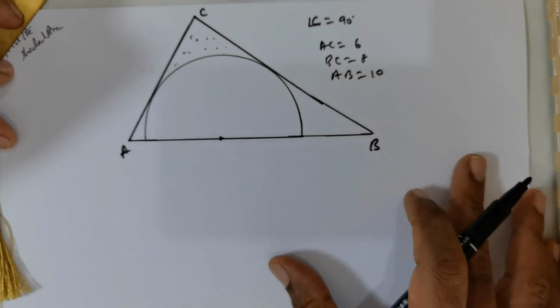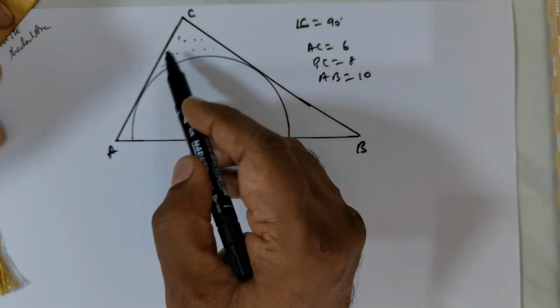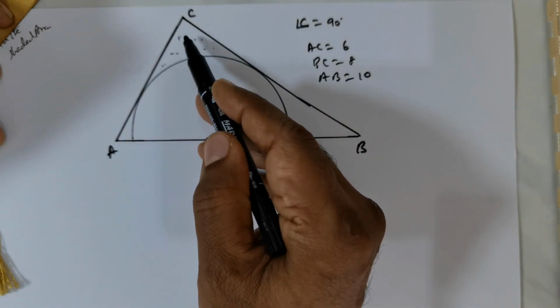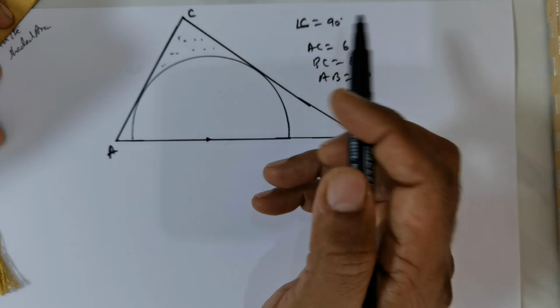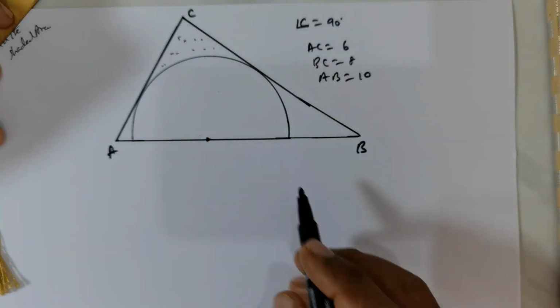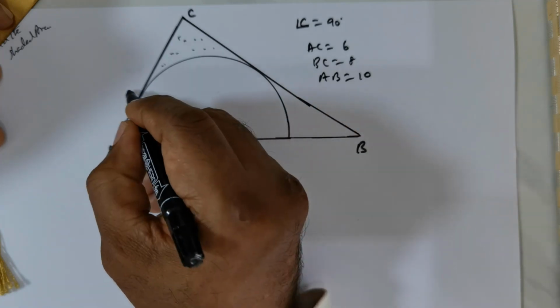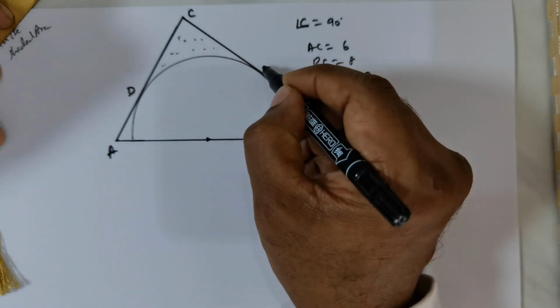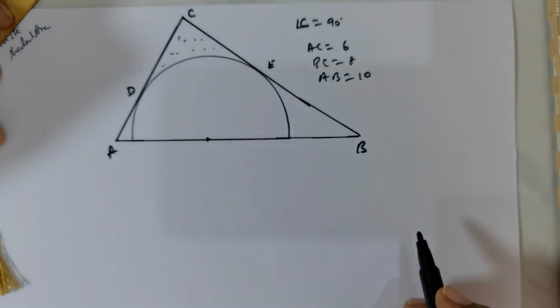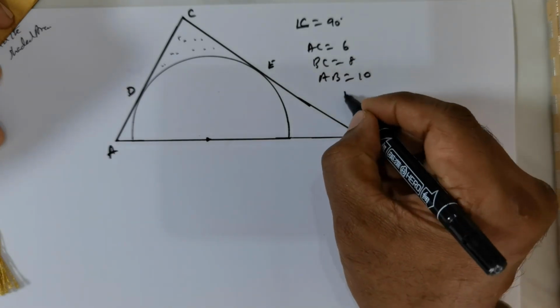and we have to, as I mentioned to you, we are required to get the shaded region's area. Now there is a tangent at D and a tangent at E, right?